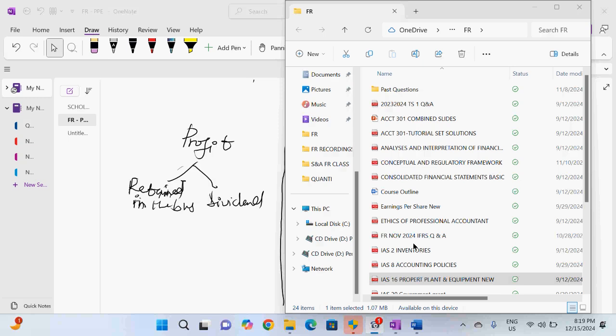So this is for disposal. The first example, the 2.6 that we solved now, there was a B question, right?